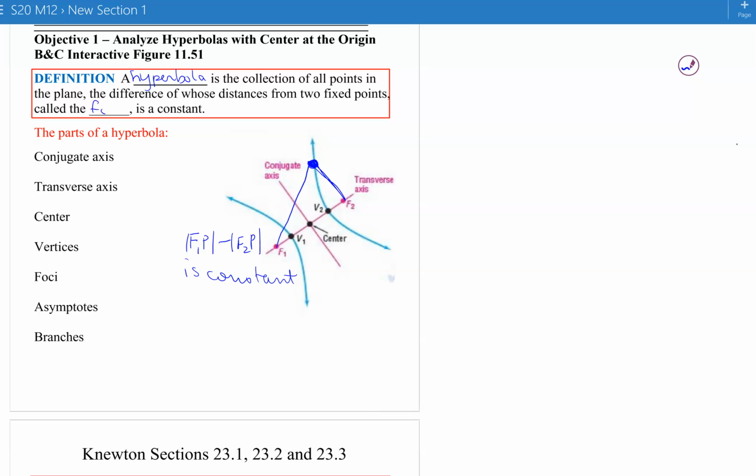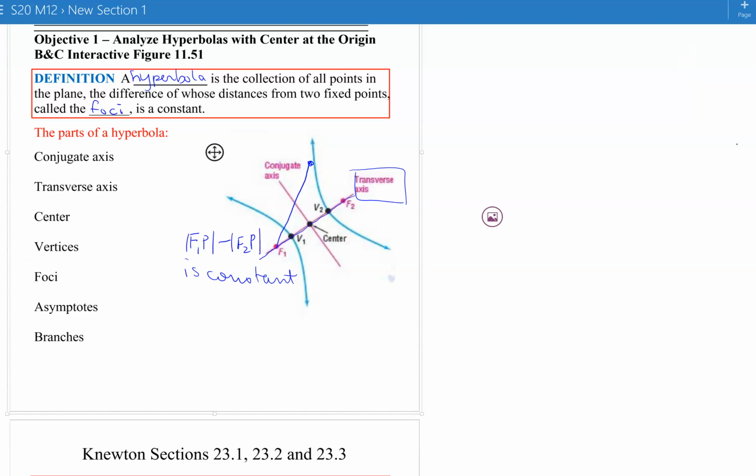Those 2 points are called the foci, and the hyperbola has more parts than any of the other shapes we've looked at. There's an axis that goes through all the key points, and that's called the transverse axis. It goes through focus, vertex, center, vertex, focus.